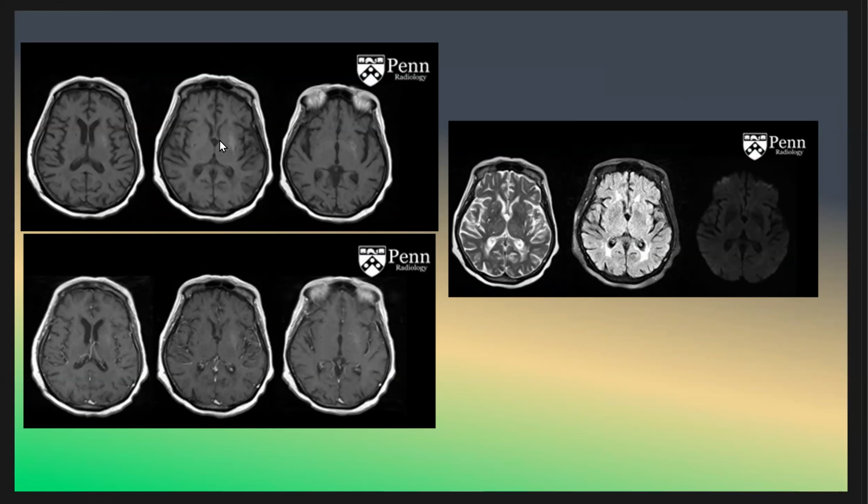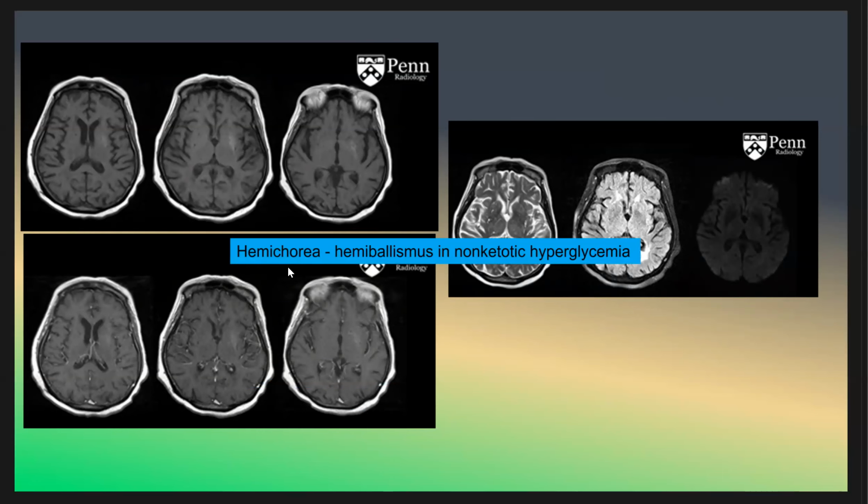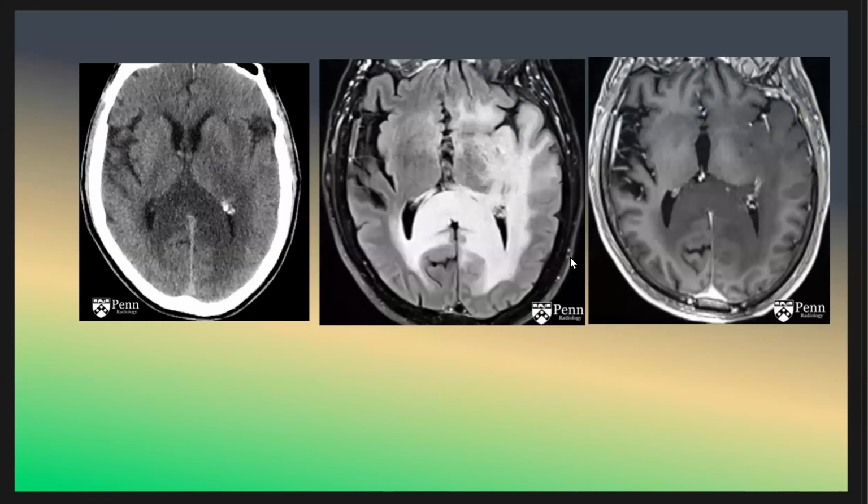This is T1, and we have high signal intensity in the T1, and this is a classic patient with diabetes, called hemichorea-hemiballismus in non-ketotic hyperglycemia. Then this is hemichorea-hemiballismus in non-ketotic hyperglycemia.